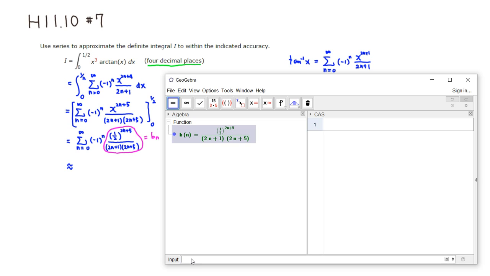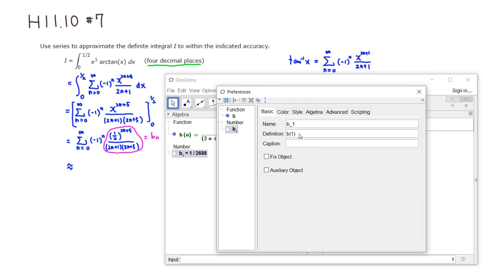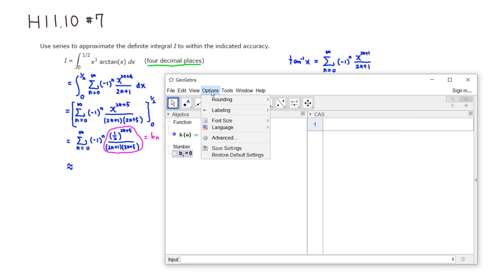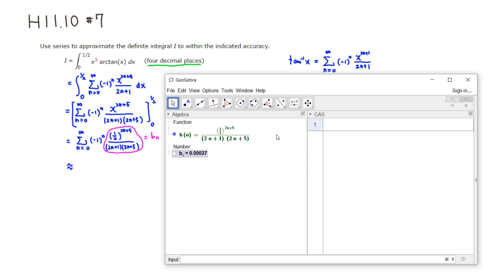Let me check some numbers. Let's try B1. What's the value of B1? B1 is B of 1. I have to change it to algebra, symbolic, and round to maybe 5 decimal places.